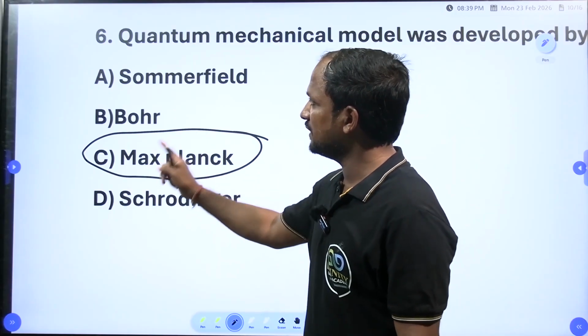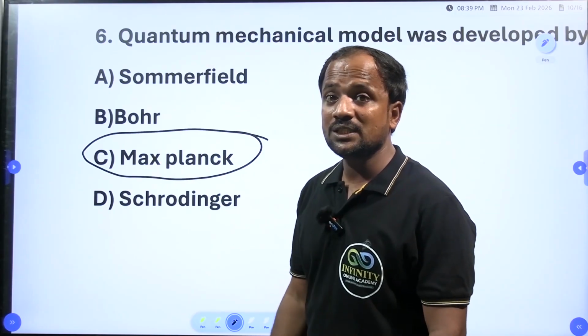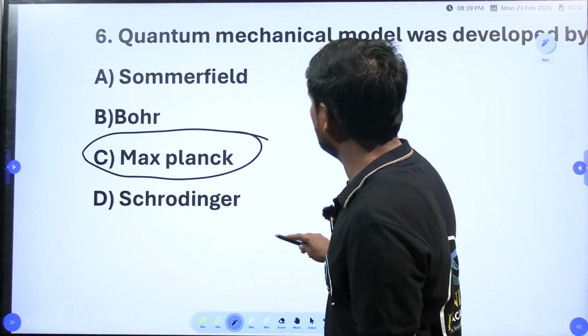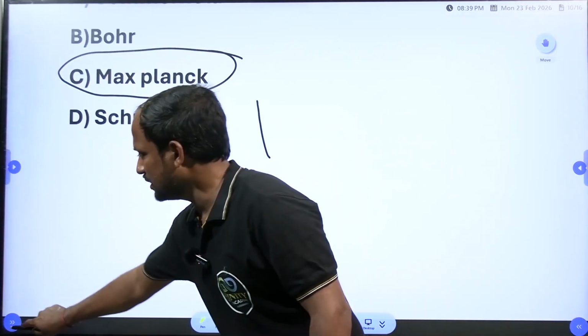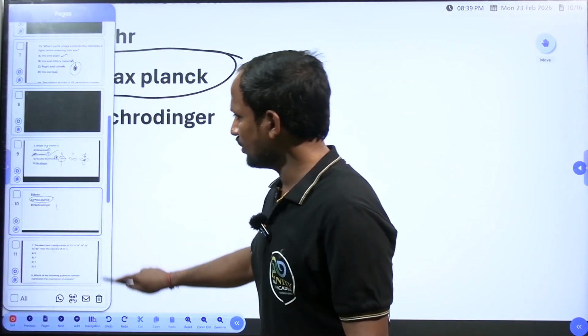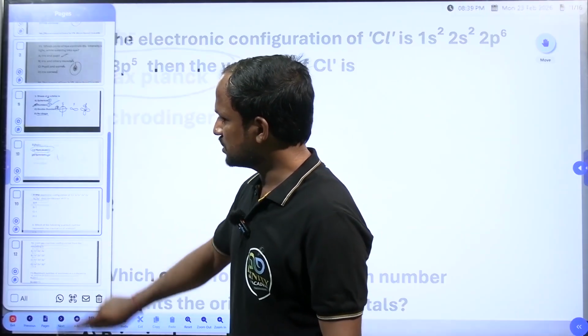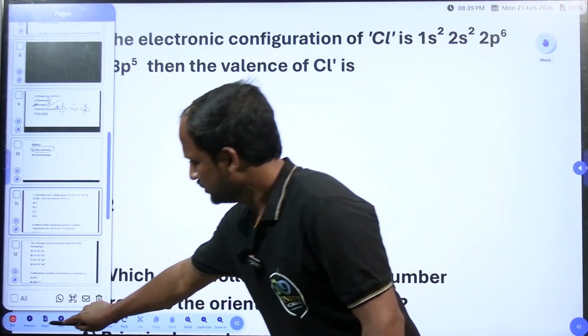So the scientist Max Planck developed the quantum mechanical model of an atom. We'll see the next question.